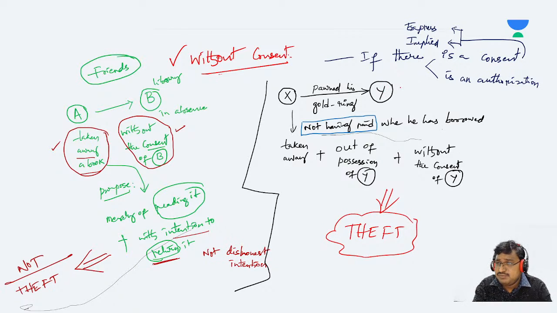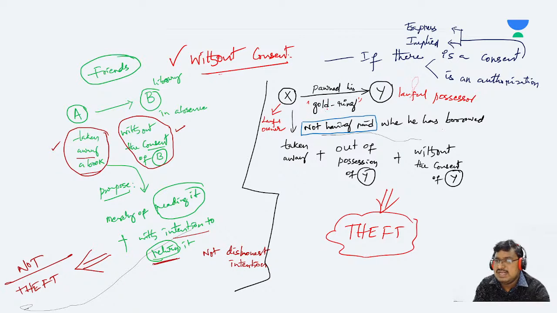Here, Y is the lawful possessor, and X is the lawful owner. But he has borrowed a certain amount from Mr. Y by pawning, by pledging his gold ring.